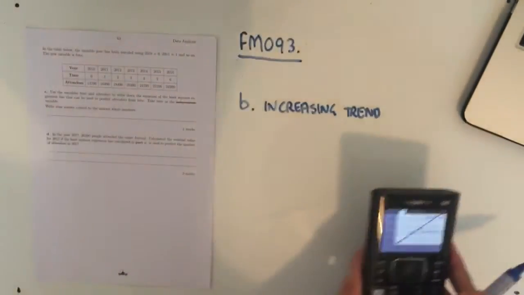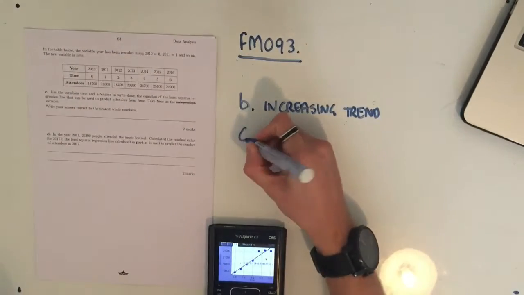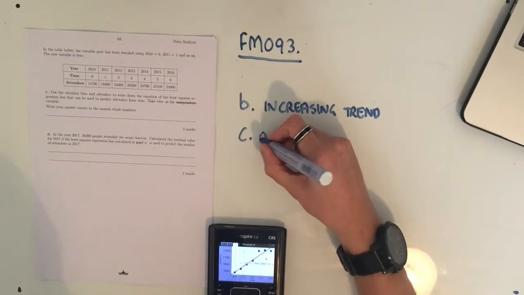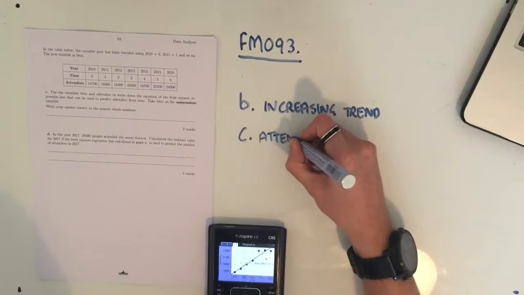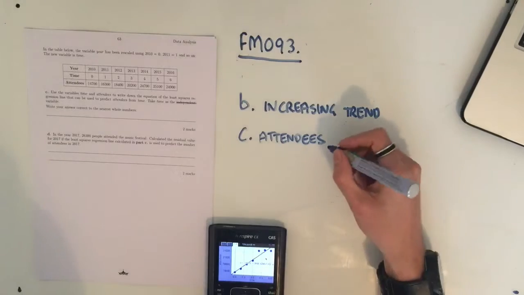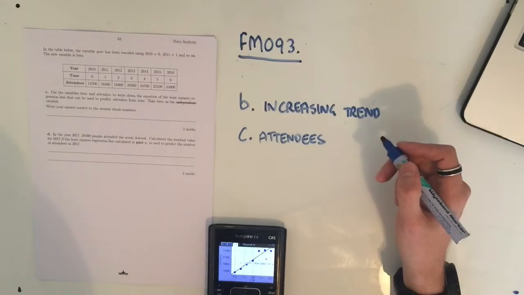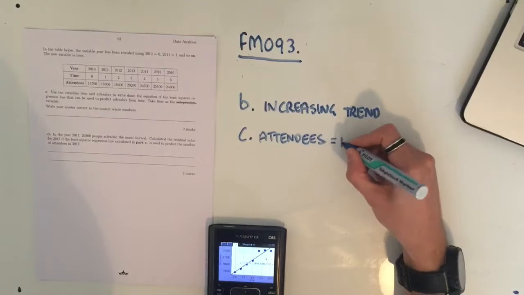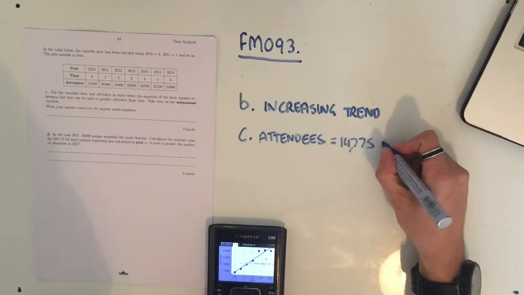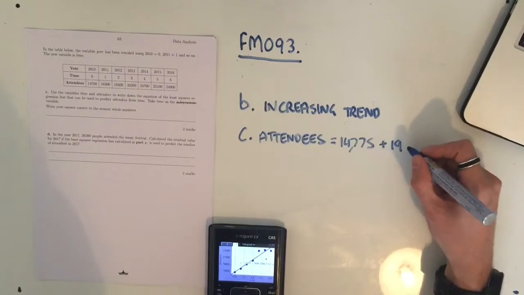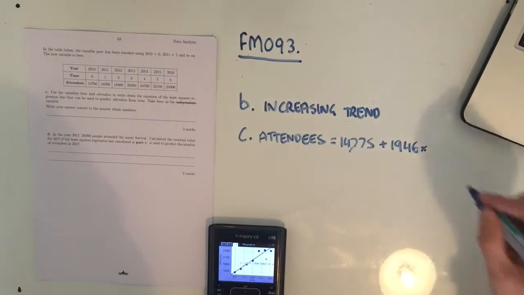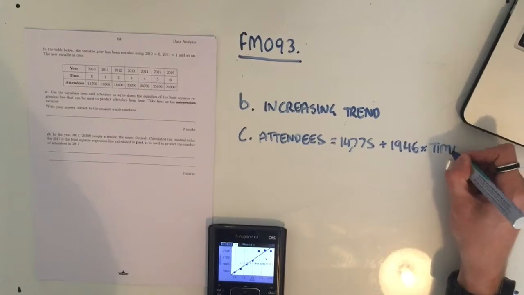Writing that down as an answer for question C, I'm going to write my equation out as attendees, because that is my y value. The regression line for this model is attendees equals 14,775 plus 1,946 times time.